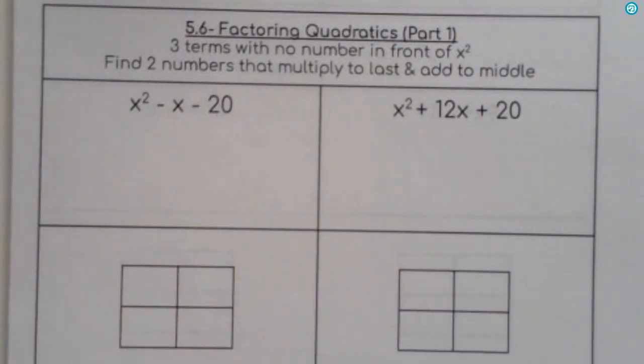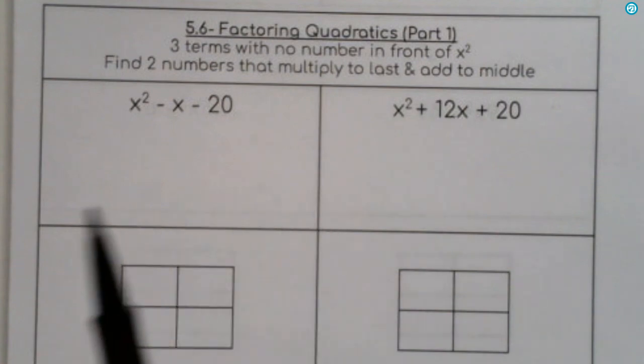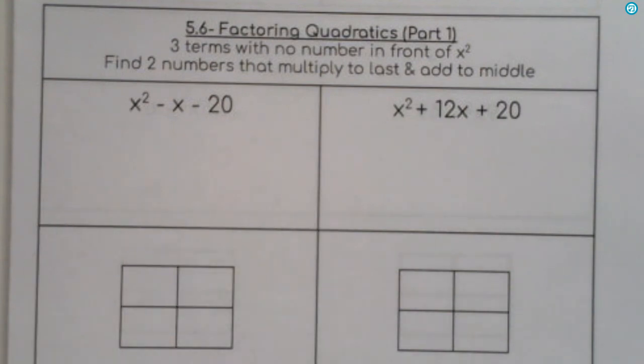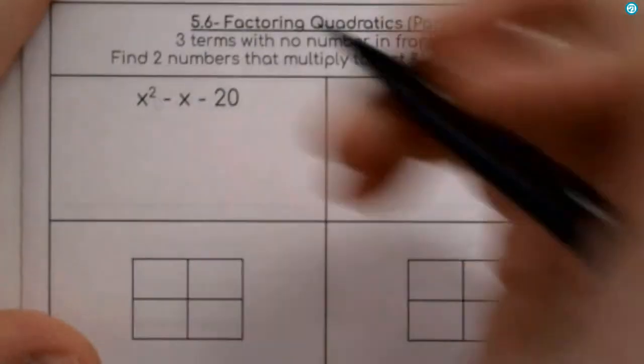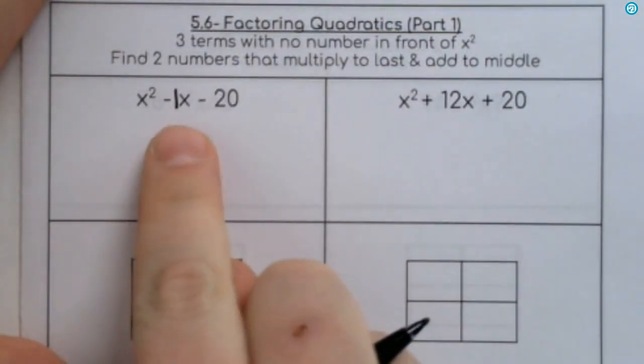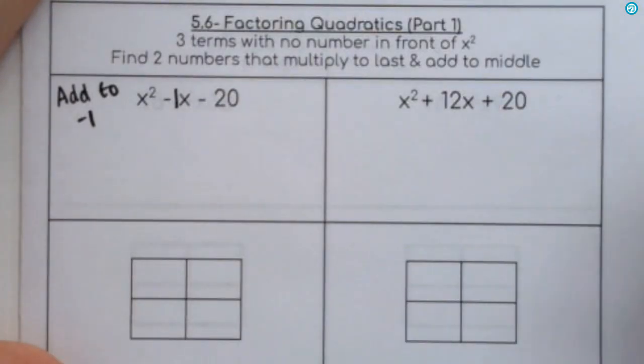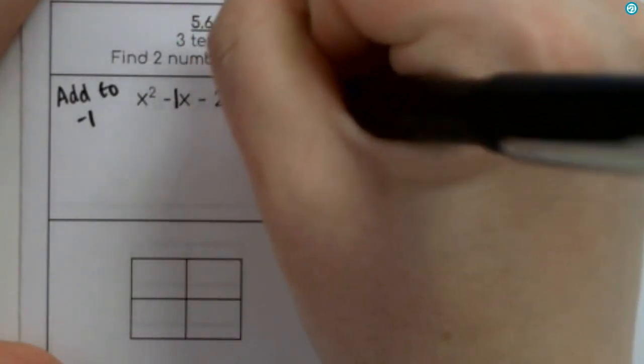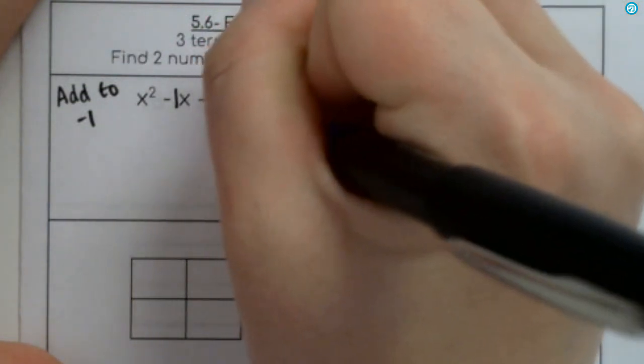we have to find two numbers that multiply to our last number, and they have to add to our middle number. So in this problem, our middle number is -1. We got an imaginary -1 there. So we need to find two numbers that add to -1, and they need to multiply to -20.